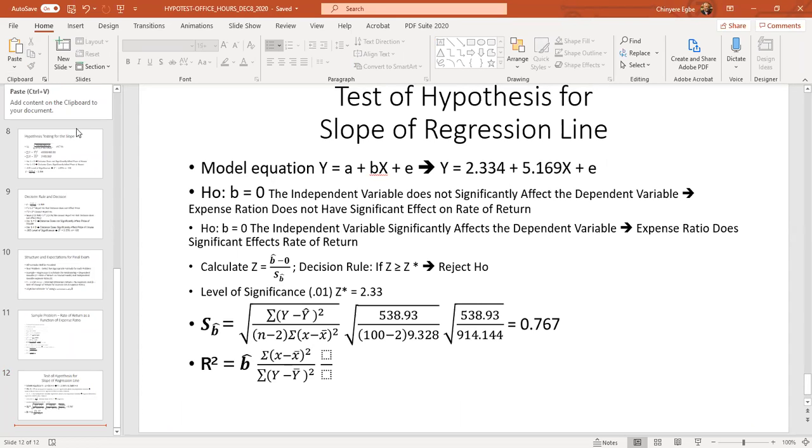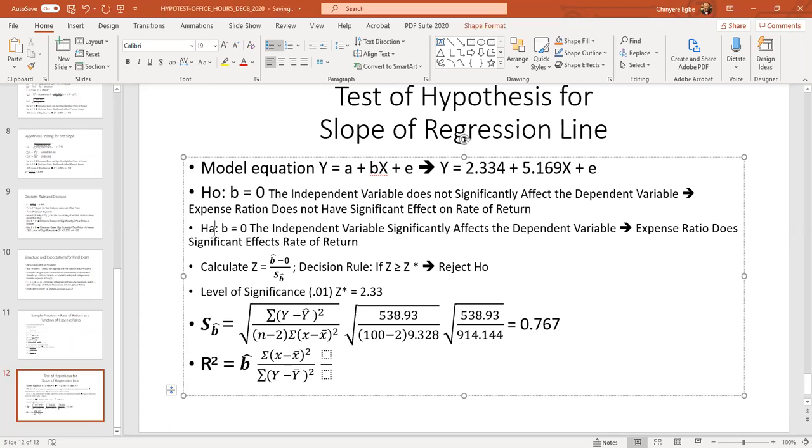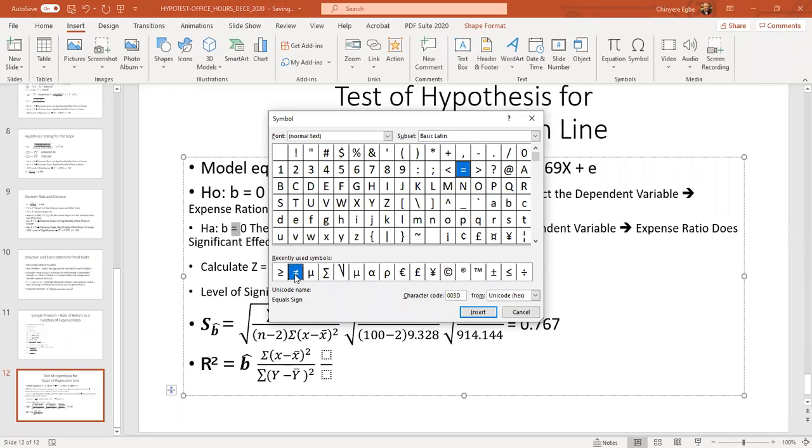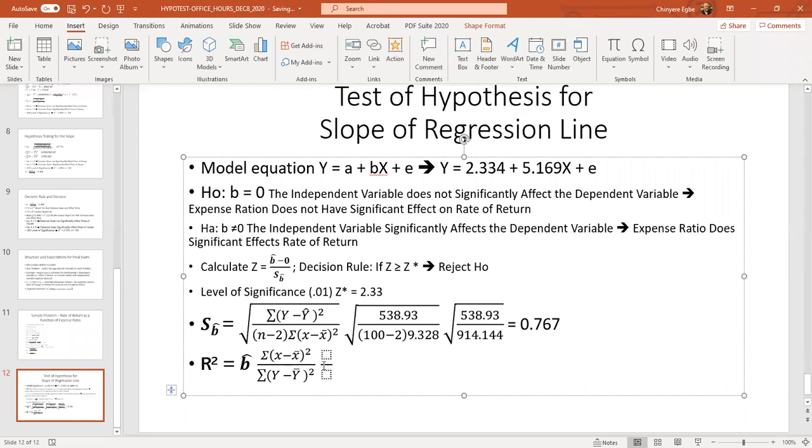The alternate hypothesis is that B is not equal to 0.